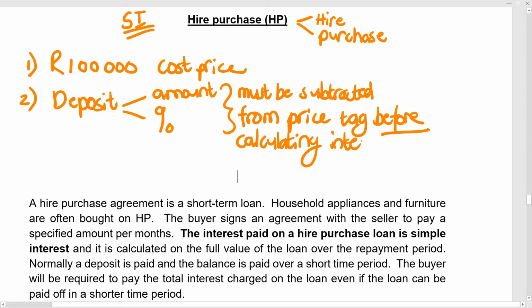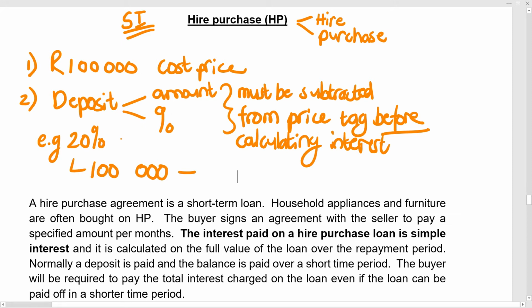That is the biggest issue I have seen my students have with this topic: they don't realize that they really need to take off the deposit. Let's say it's a 20% deposit. You take the 100,000 Rand and subtract the deposit. You can probably do this in your head: what is 20% of 100,000 Rand?